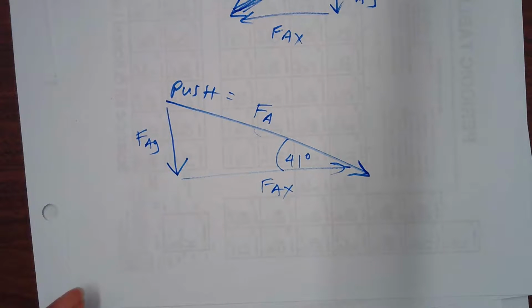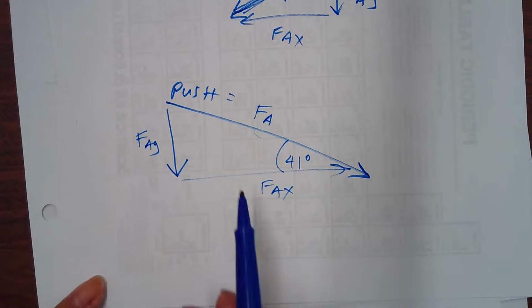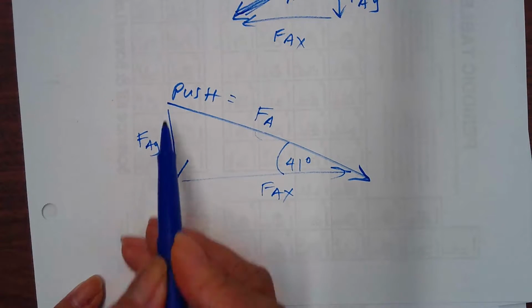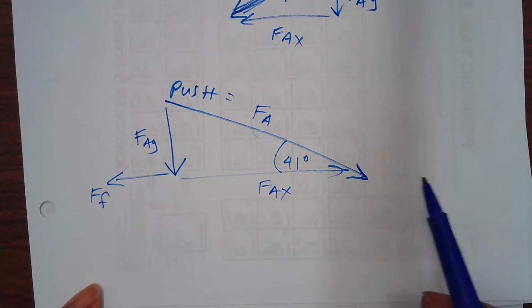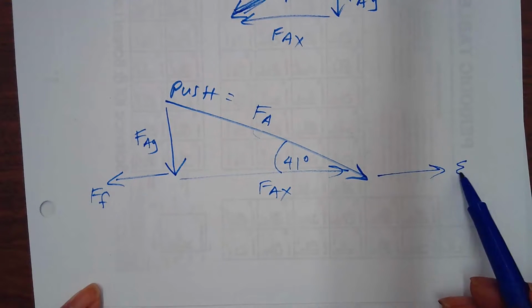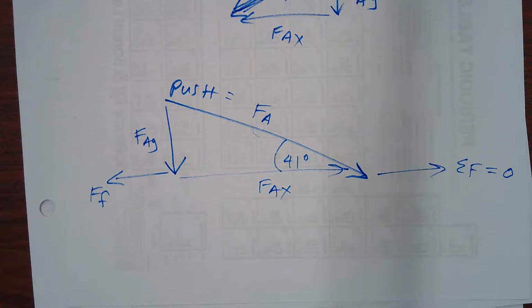Okay? So when I'm pushing it, there's friction. So that friction is going in the opposite direction. There's frictional force. The broom is actually going this way with some net force, which is constant velocity, which is 0. That's exactly what's happening if you were to show what you're doing with the broom.